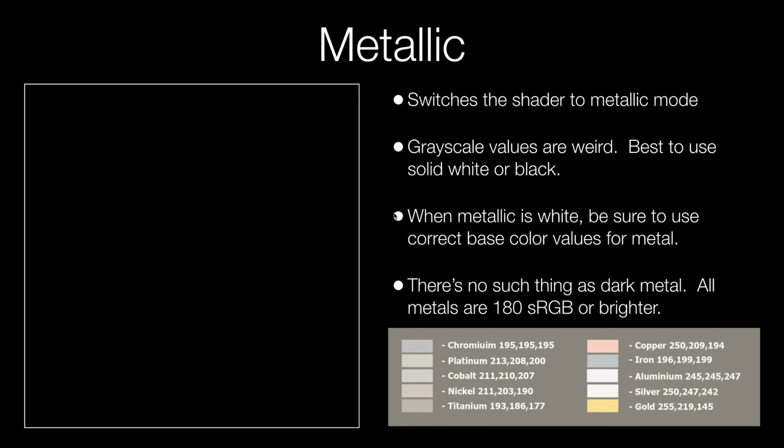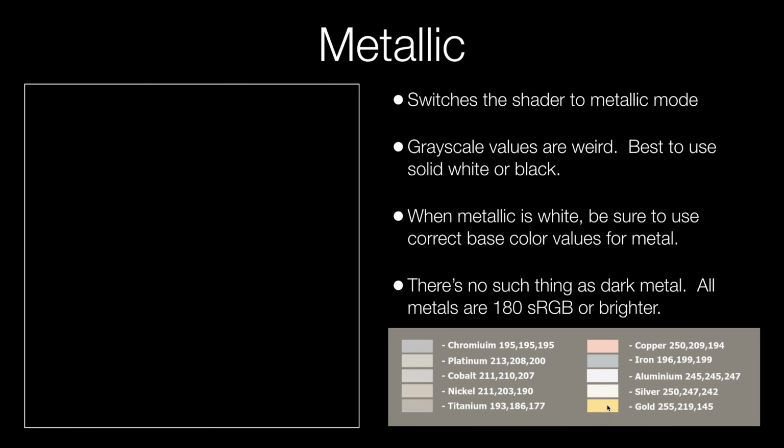There's no such thing as dark metal, and your base color is defining the reflectivity of the metal. So I've got this little chart here that has a couple of common metals and what their base colors should be set to. And these are measurements of the surface of these real-world metals that you can actually use.